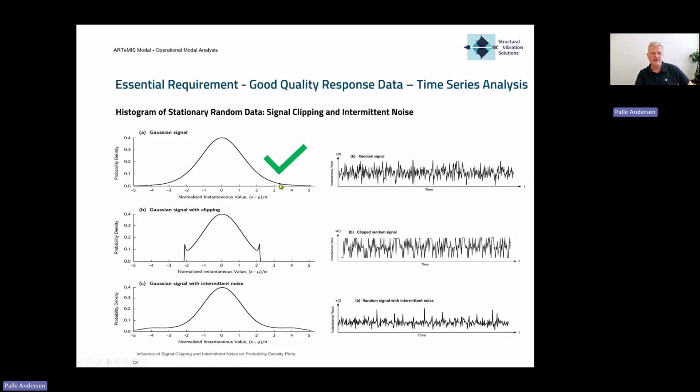We saw it also before in ARTeMIS that if you have a signal that is Gaussian distributed, it looks something like this. Let's go to the case where we have a signal that is now clipped. So it's clipped to the top and bottom. That means there is a kind of constant maximum amplitude, and the same for the minimum here.